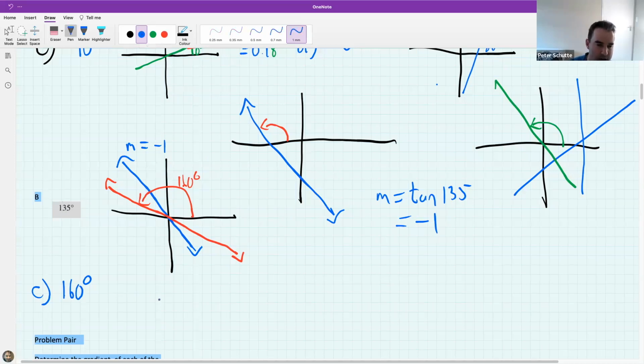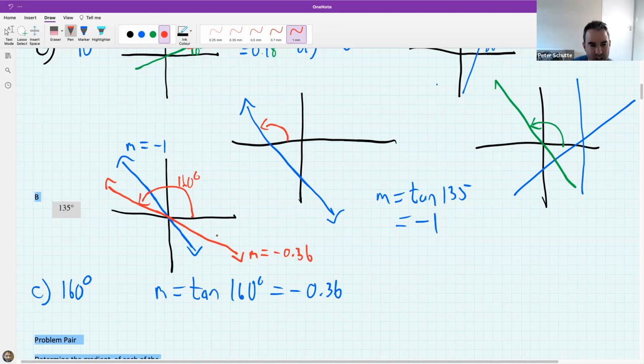So I just pop it in here. I say m is tan of 160. And so we get negative 0.36. That makes sense to me because you can kind of see that it's becoming flatter. Even though it's going in the negative direction, it's becoming a smaller number. And that makes sense with my intuition.